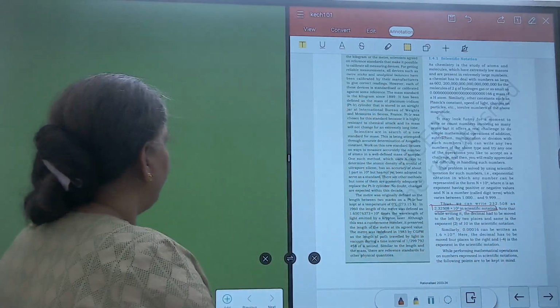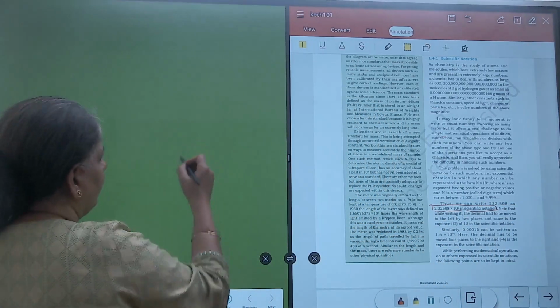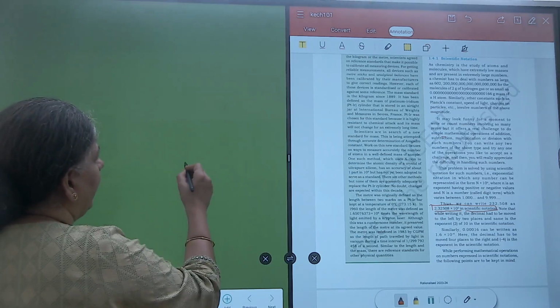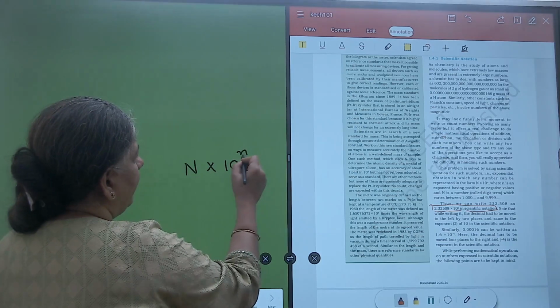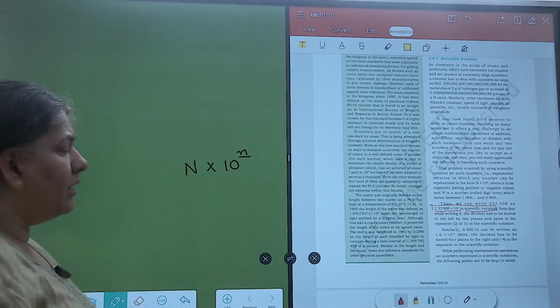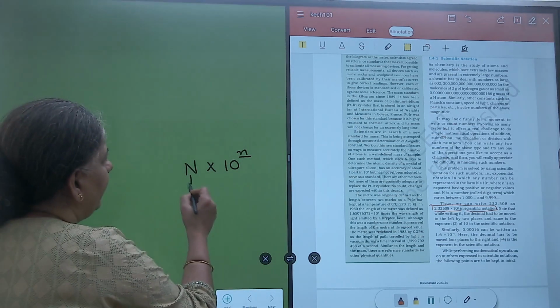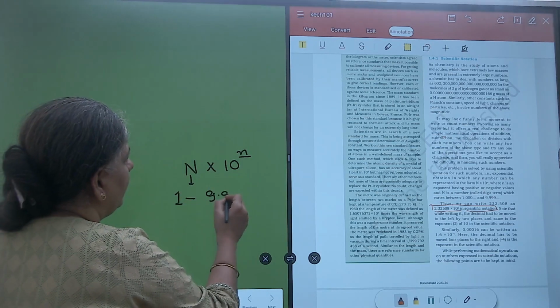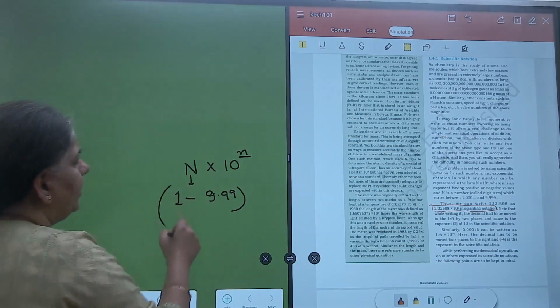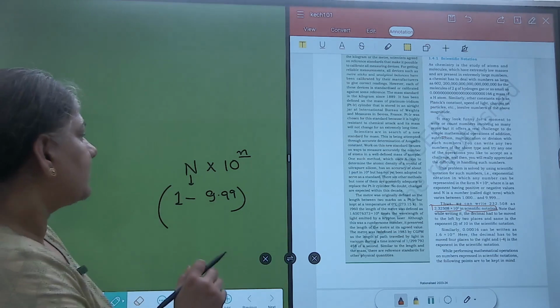Basically, the number is written like N into 10 raised to the power n, where small n is the exponent and N is any number between 1 and 9.99, that is, between 1 and 10.